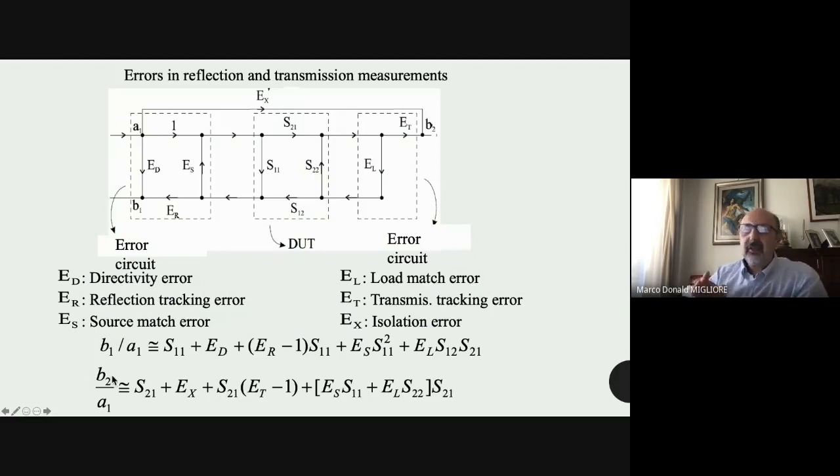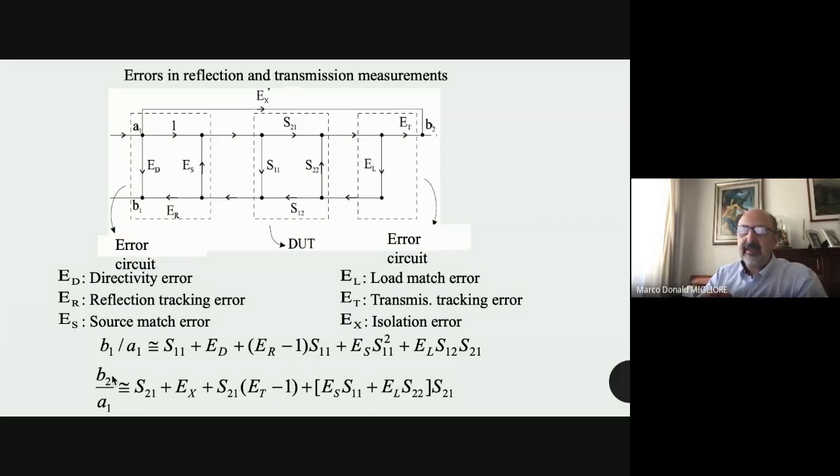So the calibration process is basically this. We characterize the equivalent error device between the real section of measurements and the section where we have the device under test. And when we invert the relationship, what does it mean?